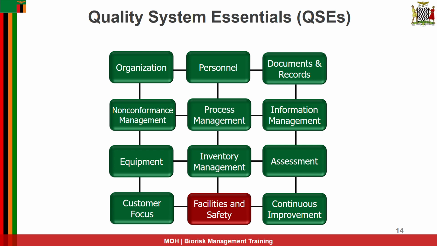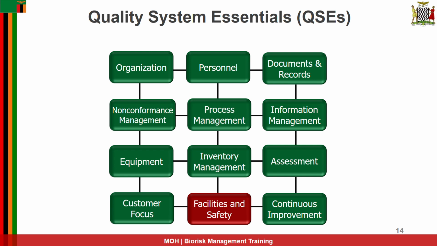So they will not stand alone without you implementing the facilities and safety. And therefore, facilities and safety is one of the most important quality system essentials. Not necessarily saying that the others are not important, but it's one of the most important. So without it, there are other quality system essentials that may not actually be implemented to the fullest, and therefore they will rely on the proper implementation of the facilities and safety.